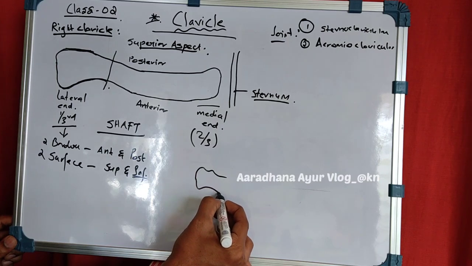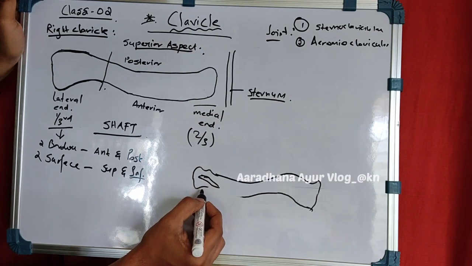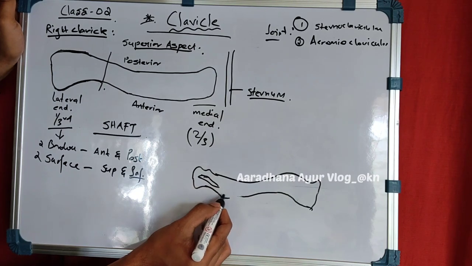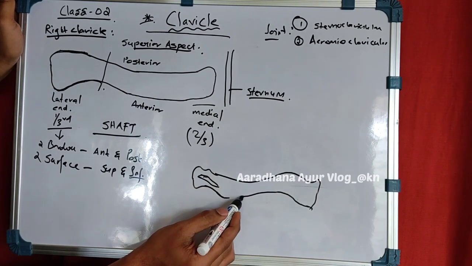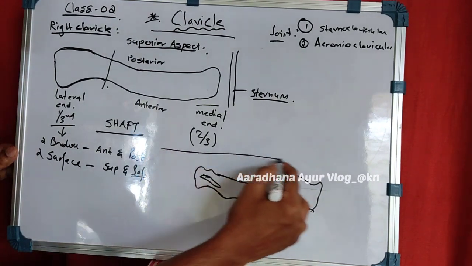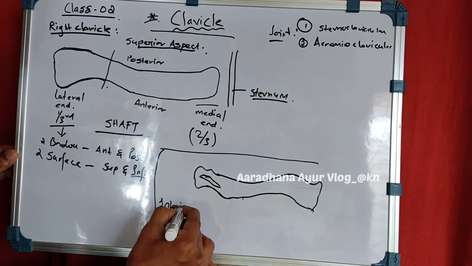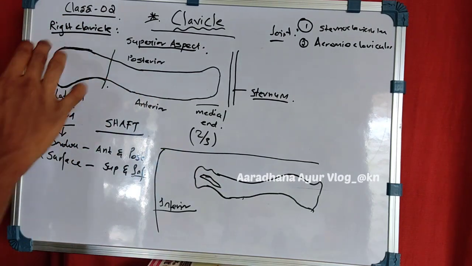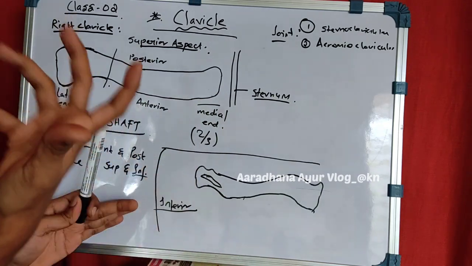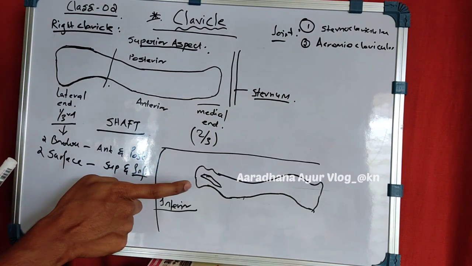Now considering this as the inferior aspect of the same right clavicle, if we see from the downside, it will be like this.